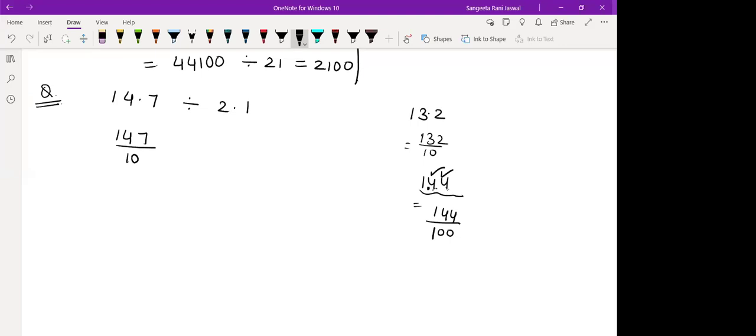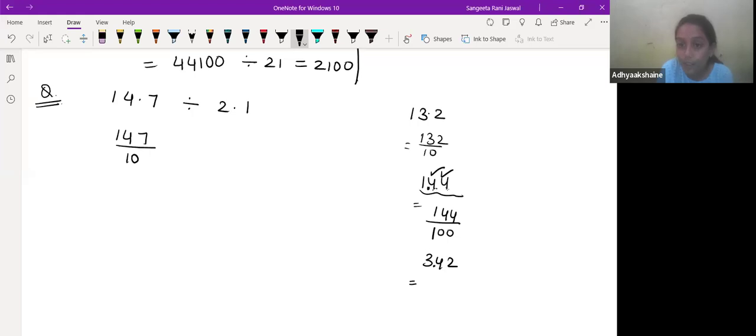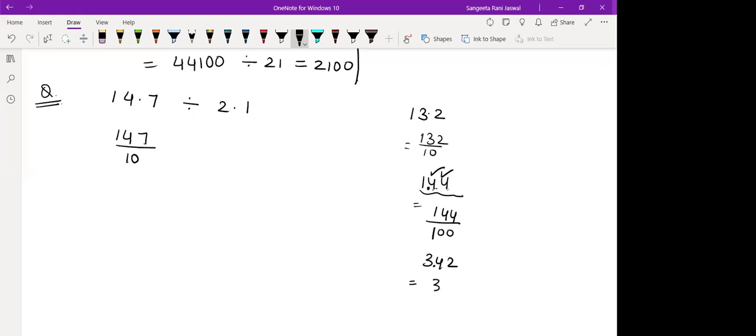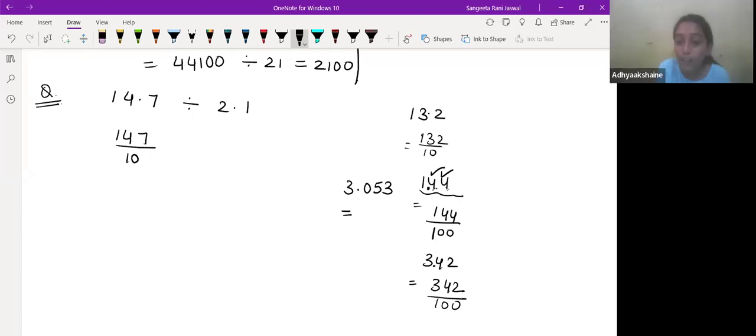Okay, take another number, 3.42. Now how will you write it in a fraction form? 342 by 100, ma'am. 342 by 100. Okay, if I have a number say 3.053, how will I write this in a fraction form? 3053 by 1000.